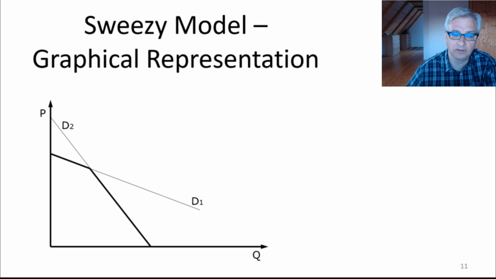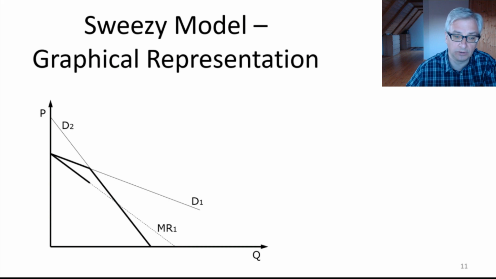A kinked demand curve. Now, if you have those two parts of your demand curve, then you can also see the marginal revenue that is not a single line, but actually it is composed of two parts.